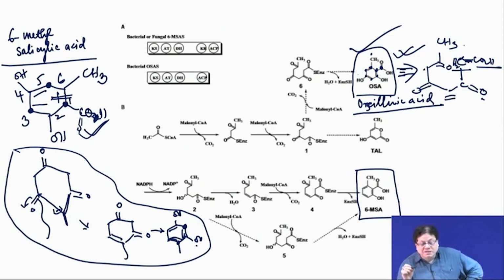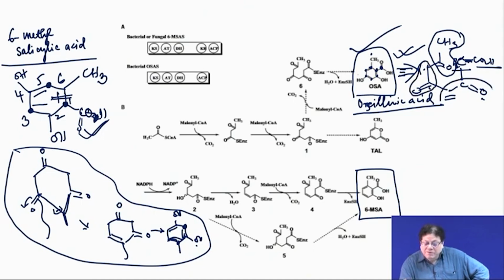So, now what is the starting point? The starter unit is acetyl coenzyme A. Then how many malonyl units are there here? What is the extension unit? A malonyl. So, how many malonyl units are there? This is one, this is another and this is another.